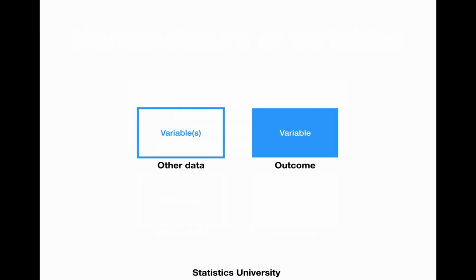But we can also subdivide variables according to their function. So in medical research, we're interested in outcomes, and an outcome is actually a variable. We usually measure and collect lots of other data that we try to use to explain that outcome.